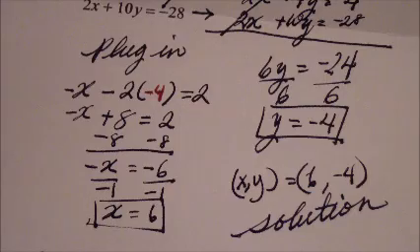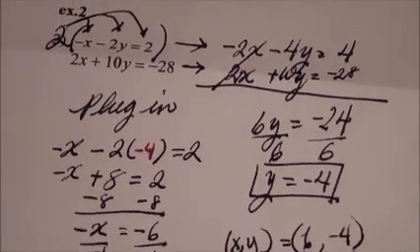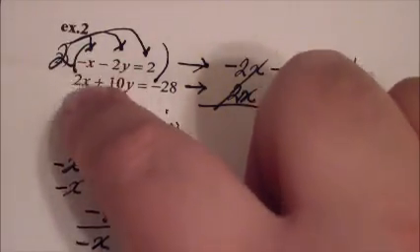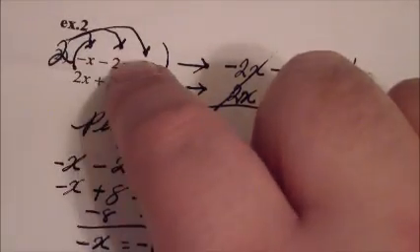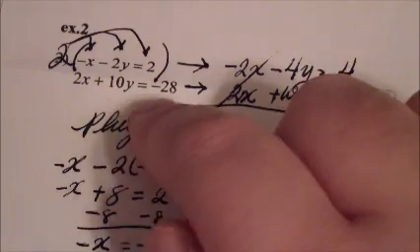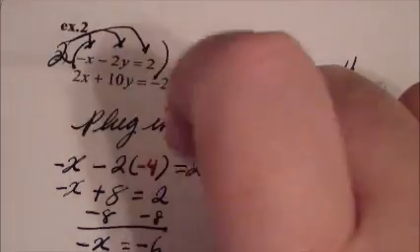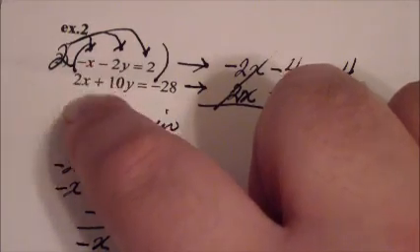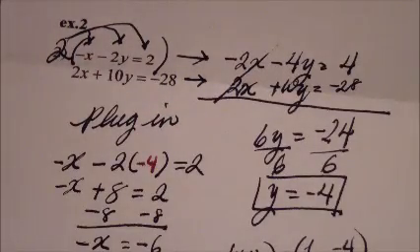Again, it's important to note, first what you want to do is look at what variable you can cross off. You got to either multiply the top equation or bottom equation. Here, we multiply the top by 2 so that the x's can cancel out.